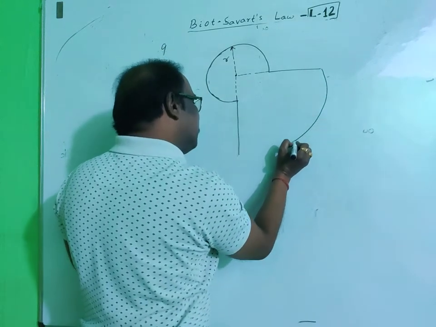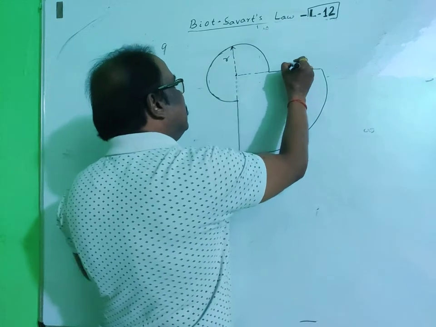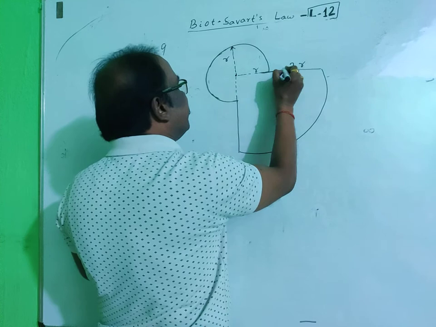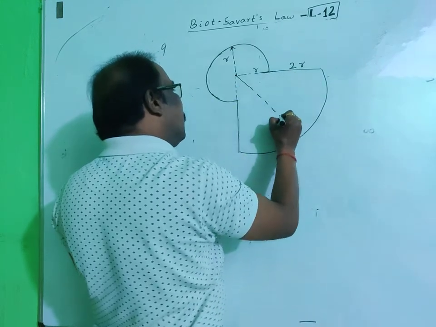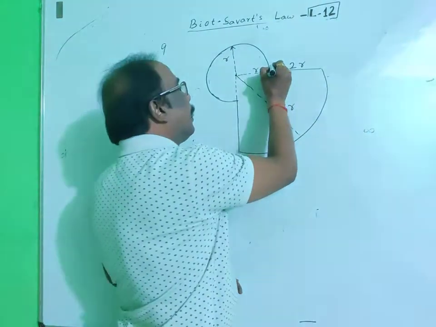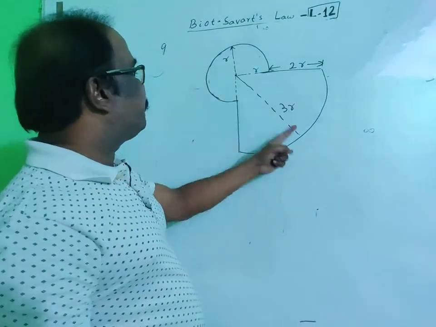This is an arc. This distance is 2r, and obviously this is r. So the radius of this arc is 3r. This is only 2r, then the total radius is 3r.